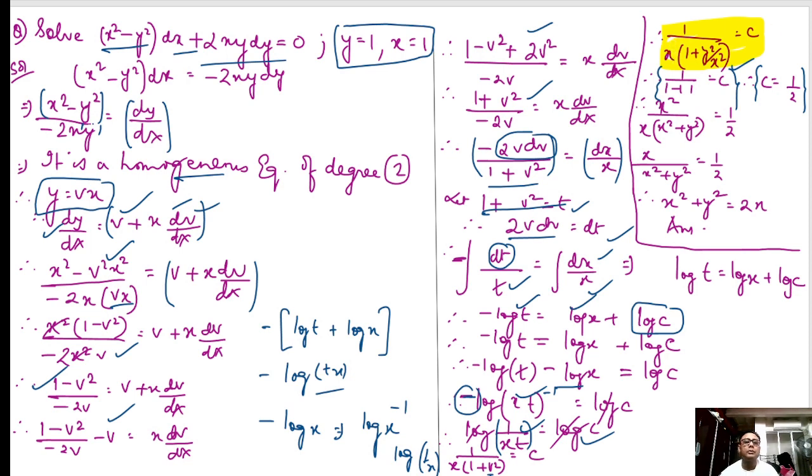Okay, so what do we get? C is half. That means x square plus y square equals 2x. This is the solution of this equation.